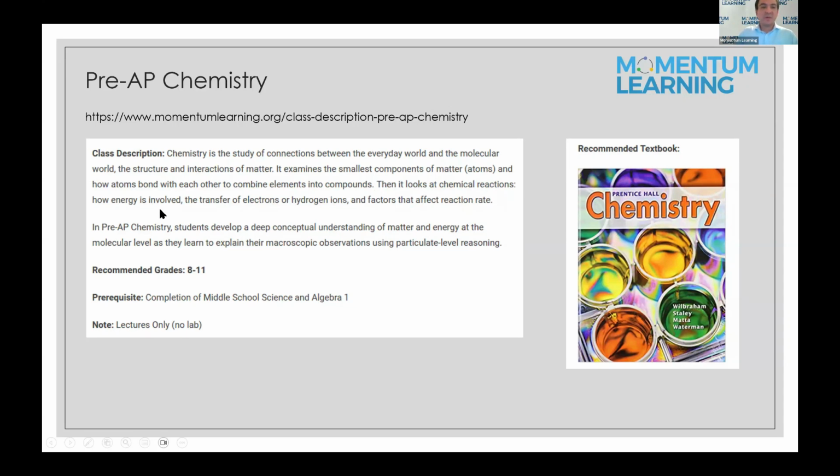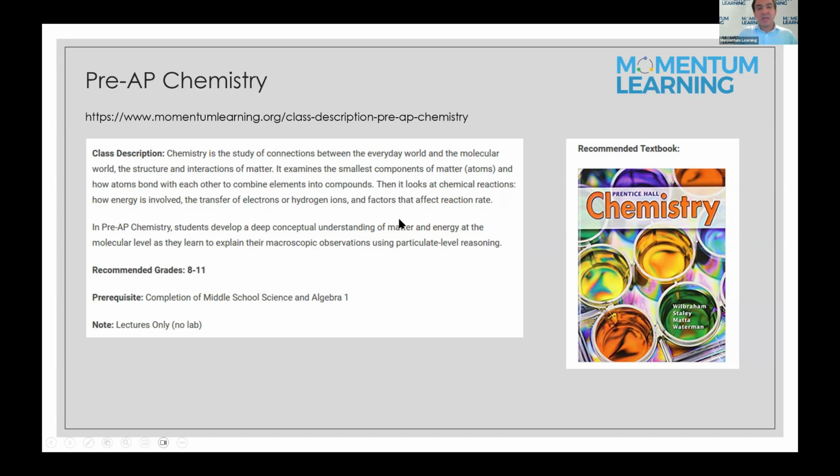So we will also be focusing on energy when materials react with one another, compounds react with one another. And then we will also talk about transfer of electrons. Actually, when you talk about chemical reactions, there is always transfer of electrons. Only when electrons are transferred or shared are chemical reactions happening.